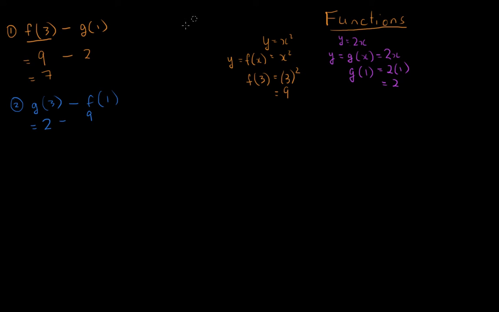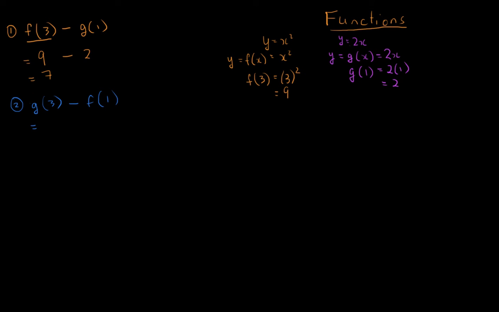Actually, that's not right. Let me do that again. Okay, so here this will mean that g of 3, so I'm going to use the g function, which is this function, and I'm going to substitute the 3 for the number.